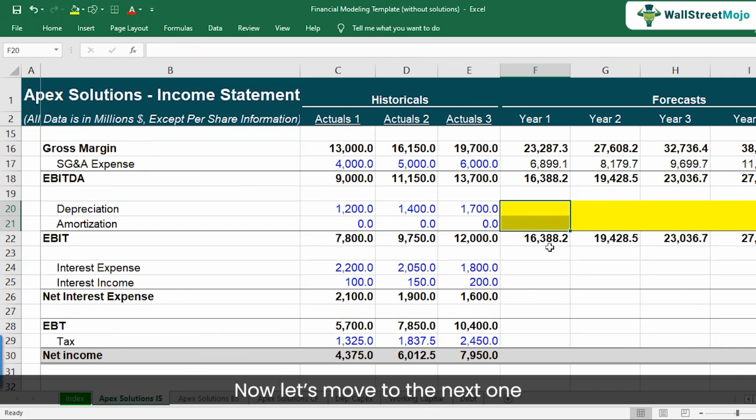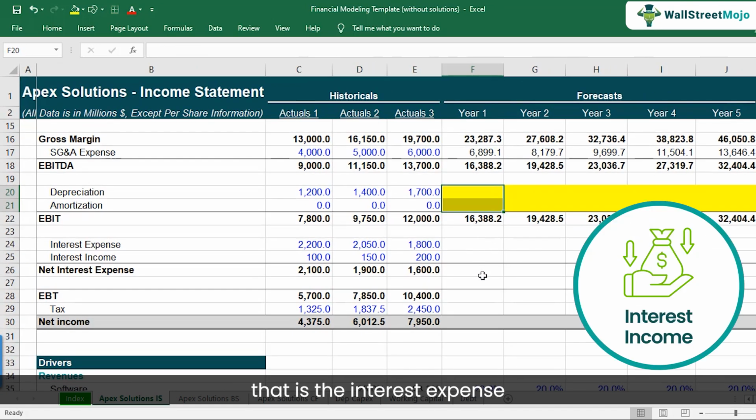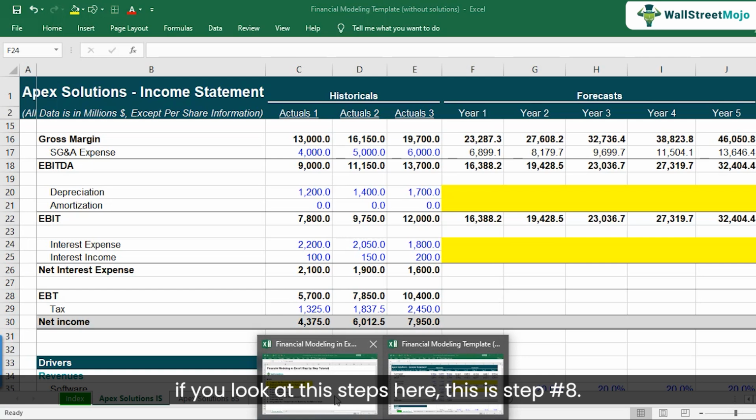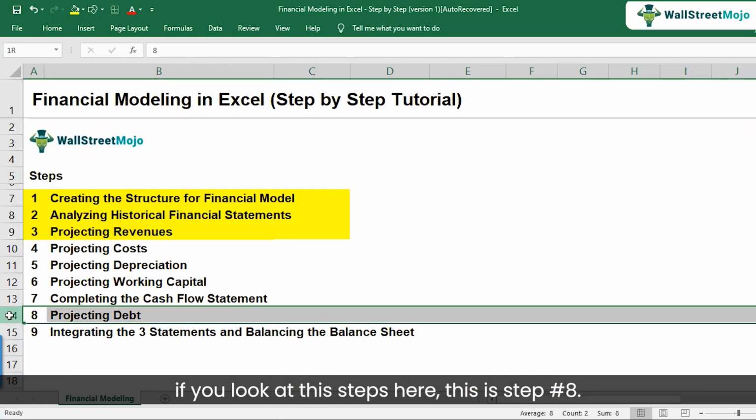Now let's move to the next one, that is the interest expense and the interest income. Again, this is going to come later. This interest expense and interest income will actually come from the debt schedule. And if you look at the steps here, this is step number 8. This is where we will get the interest expense and interest income numbers.